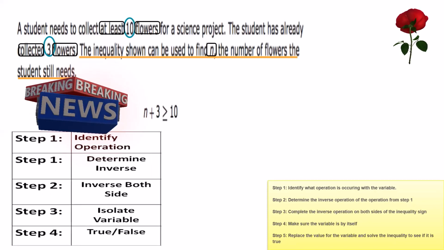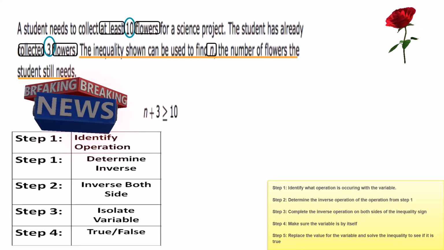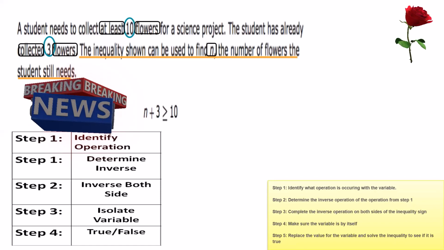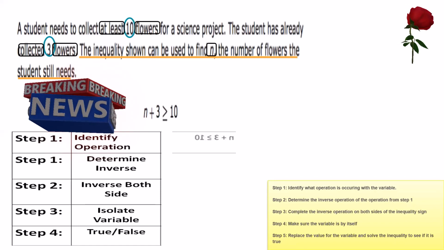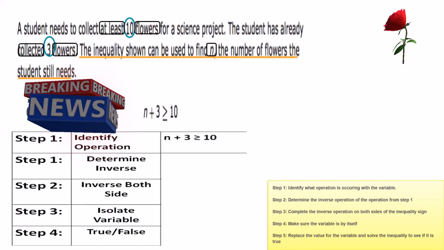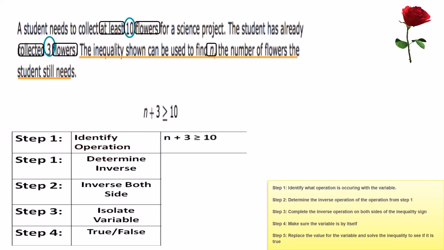Okay, so here we have step 1. Let's look at the problem and see if we can identify what operation is going on. So we have n plus 3. The only mathematical operation that we have going on is addition. Now, to determine the inverse of addition, we just simply think, what is the opposite of adding?